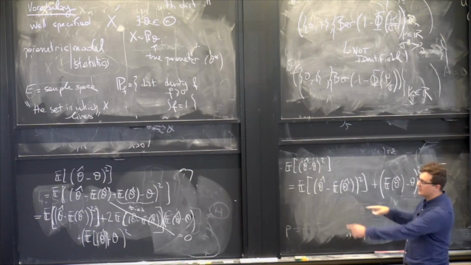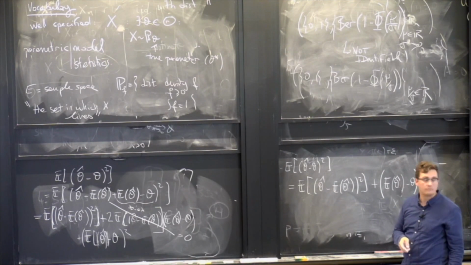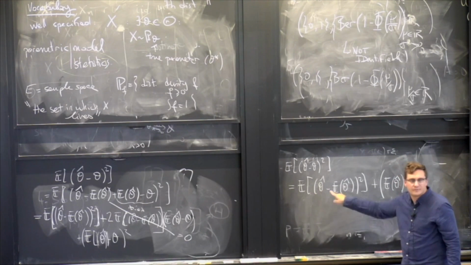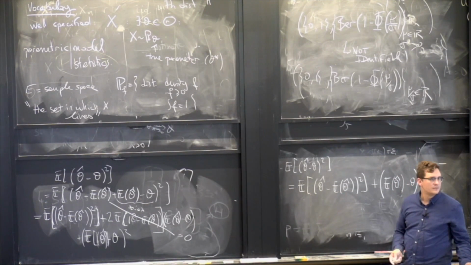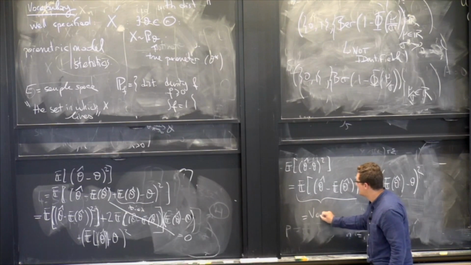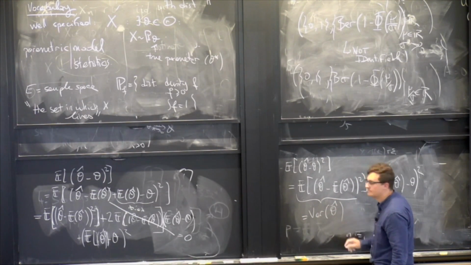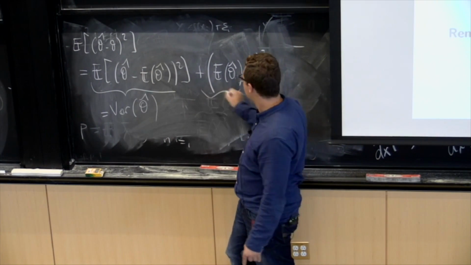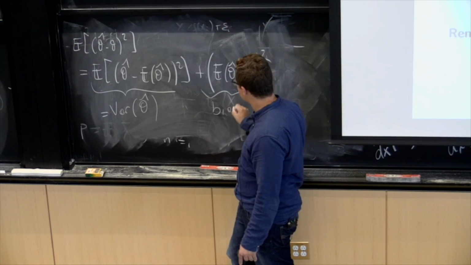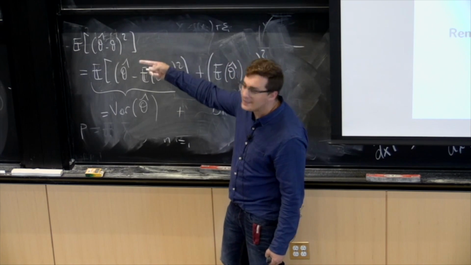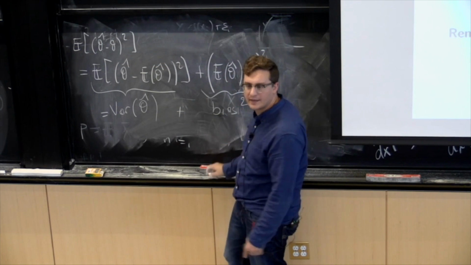Those are just the first and the last term of the previous equality. Now here I have the expectation of the square of the difference between a random variable and its expectation. This is otherwise known as the variance, right? So this is actually equal to the variance of theta hat. And this was the bias. We already said that's there. So this whole thing is the bias squared.